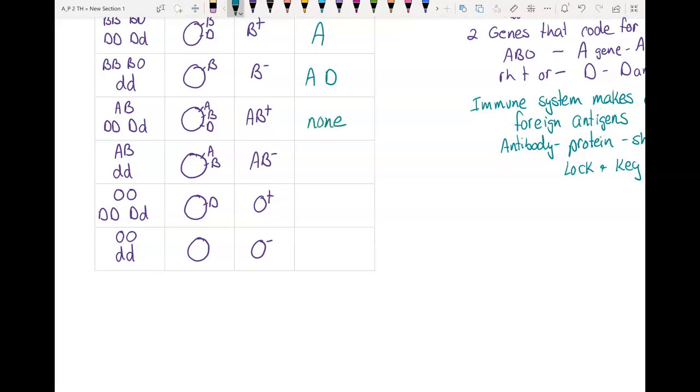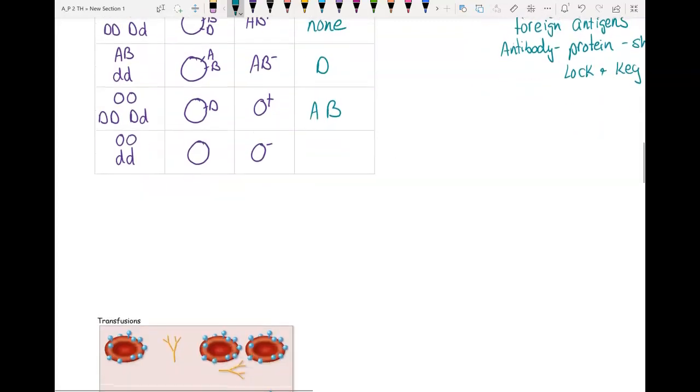AB positive people do not have any of these antibodies. AB negative has D antibodies. O positive has A and B antibodies. O negative, because they don't have any antigens at all, all three of them are foreign. So they would have all three antibodies.